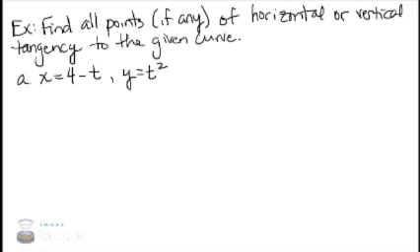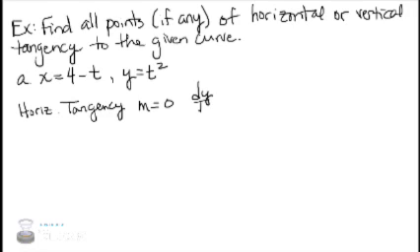And so what would it mean to have a horizontal tangency? We're talking about a horizontal tangent line, which means our slope is 0. So we're looking for a place where dy/dx, which is, by the way, dy/dt over dx/dt, is equal to 0. So when is that going to happen?